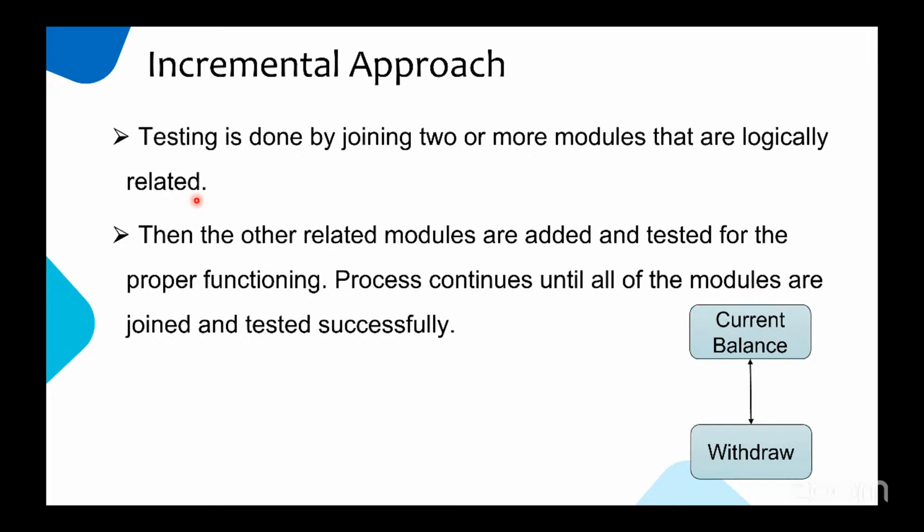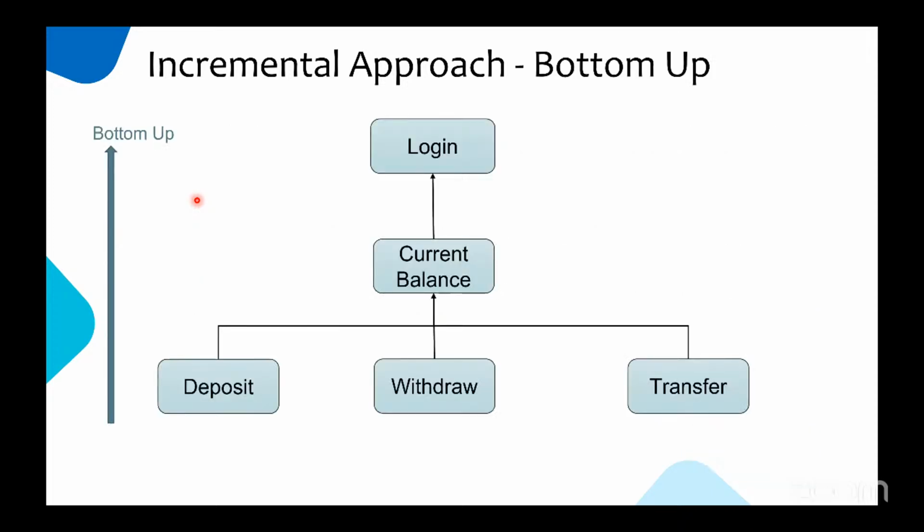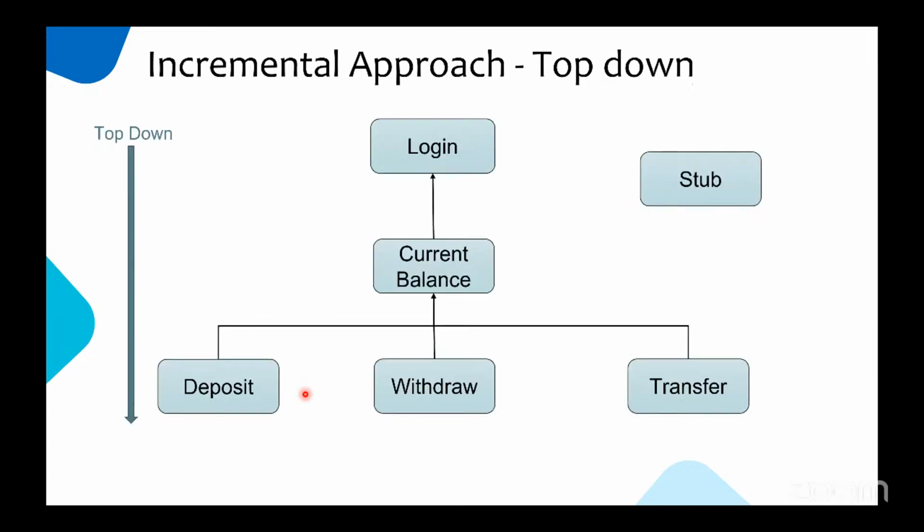In bottom up, we test from the lower module, but the problem is we can't have a working product or prototype. Then comes top down. Here we have a working product, but the problem is so many steps we need to create.